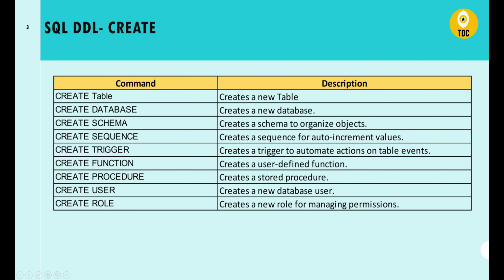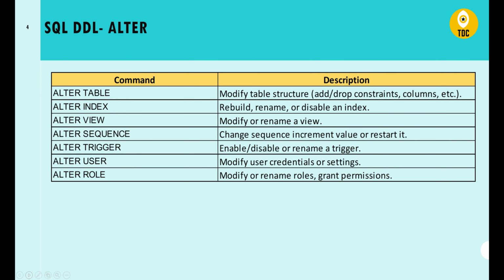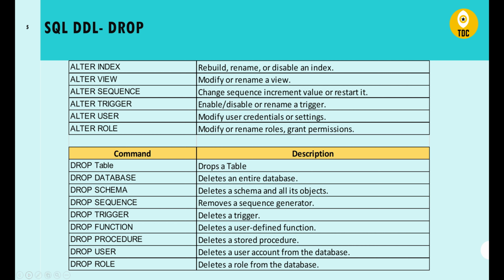Recap. So we just saw an example of create table, but similarly you can do create of all of these artifacts, where you create a database, schema, sequence, etc. So you can try it yourself, and if you have any questions, please feel free to comment in the comment section. Similarly, we have alter table, but there are alter view, alter sequence, alter trigger, user, role, etc. We have drop, so you can use all of these drop commands here.